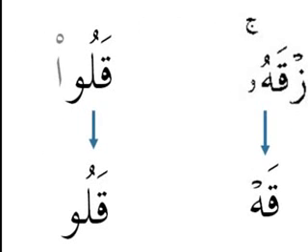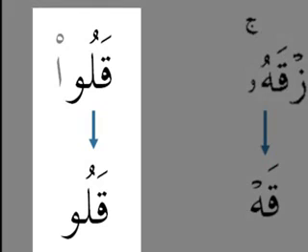Okay, and the last example is this one. You'll see this in quite a few, they're normally verbs. Here we have qalu, and we haven't covered this actual symbol. In the Uthmani script you'll find these alifs with a round circle, and in this case that round circle is not a sukoon.